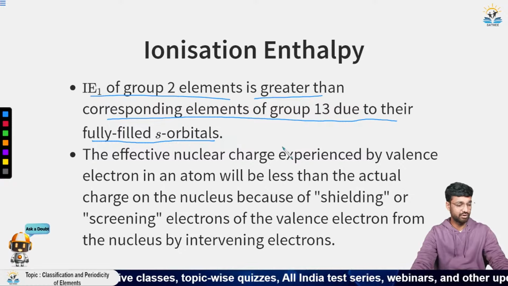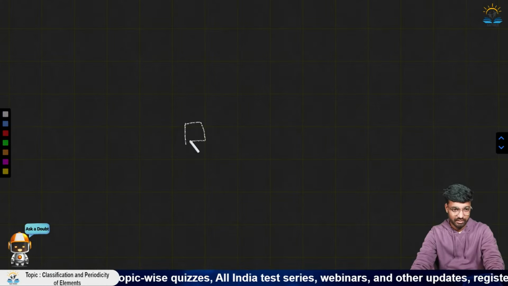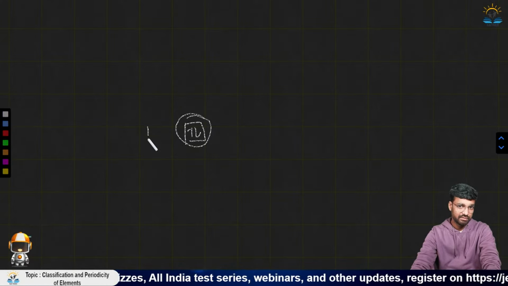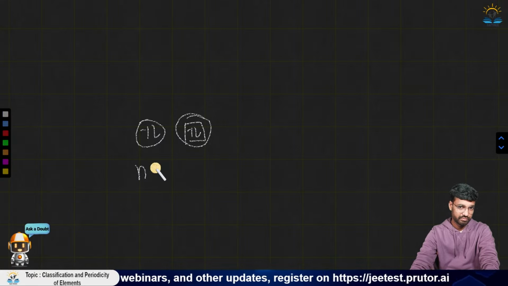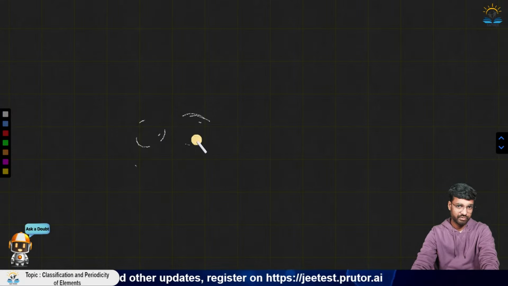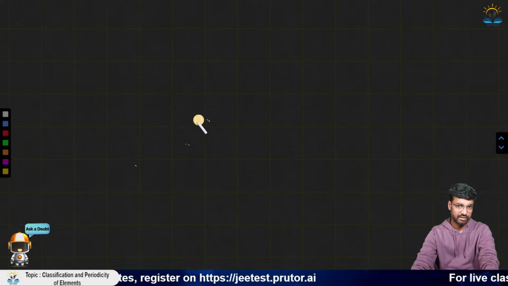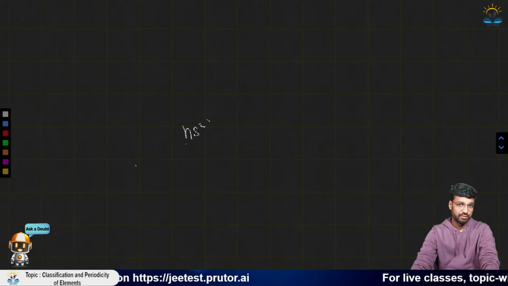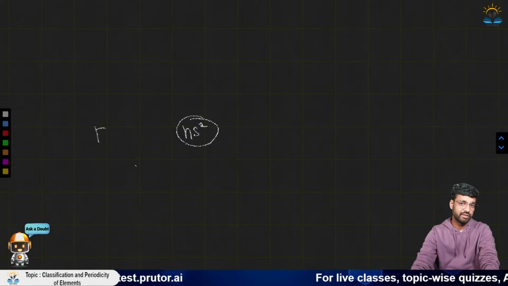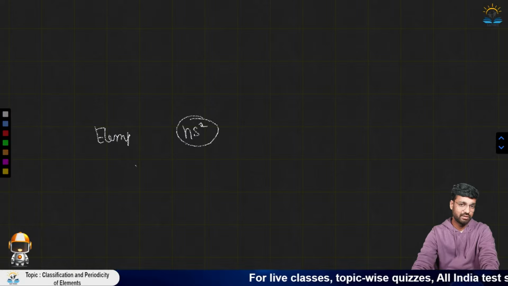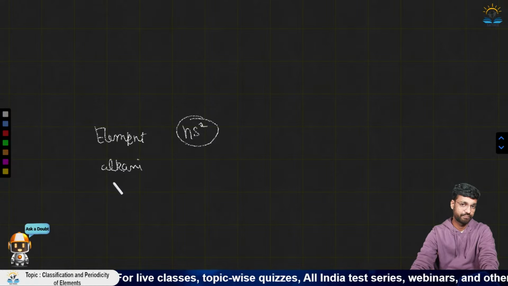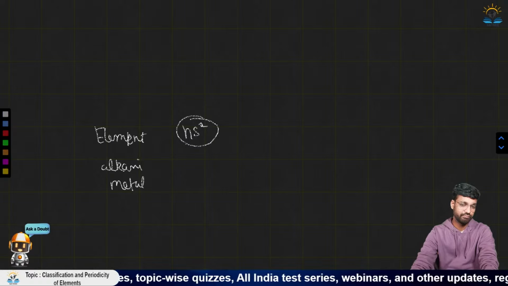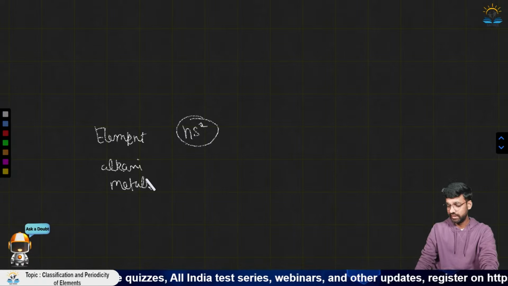So if you look at the electronic configuration of group 2 elements, it will have a complete ns2 valence shell. Every group 2 element, that is the alkaline earth metals, has this complete s orbital. Complete octet does not mean a fully filled orbital; here it is a fully filled orbital.